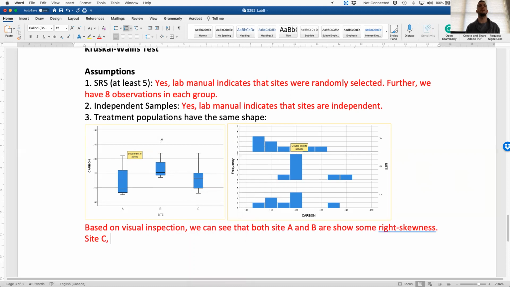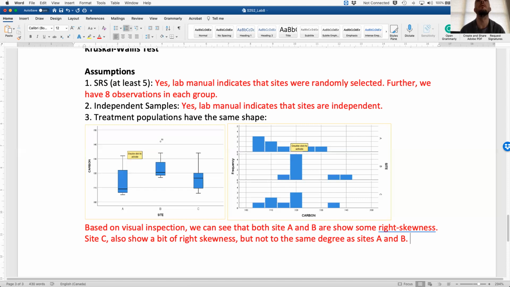Site C also shows a bit of right skewness, but not to the same degree as sites A and B.